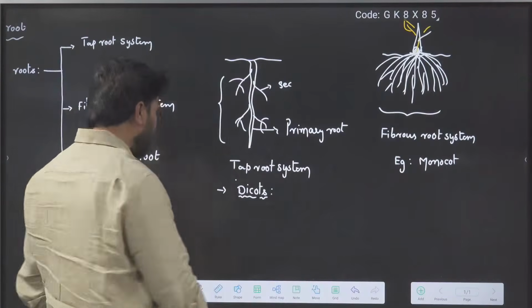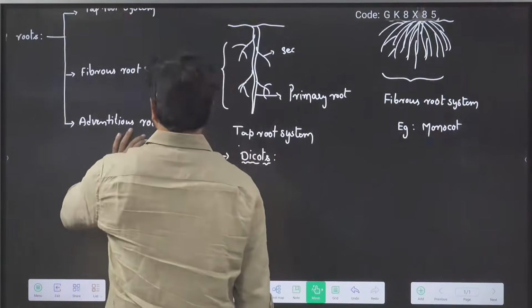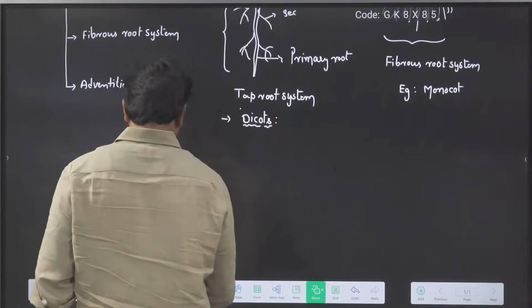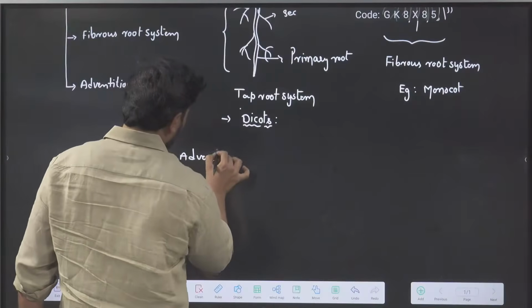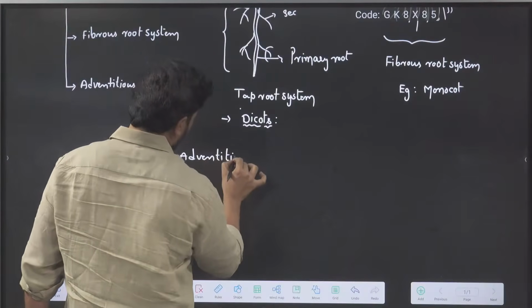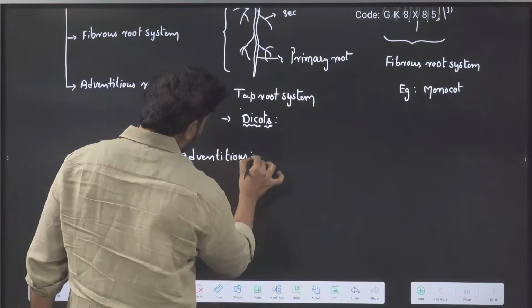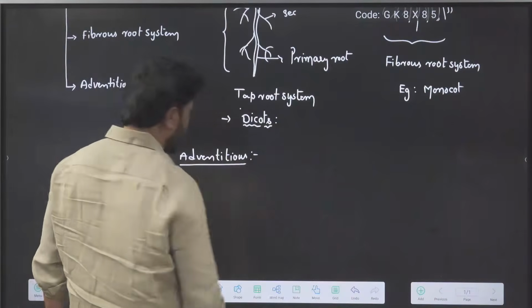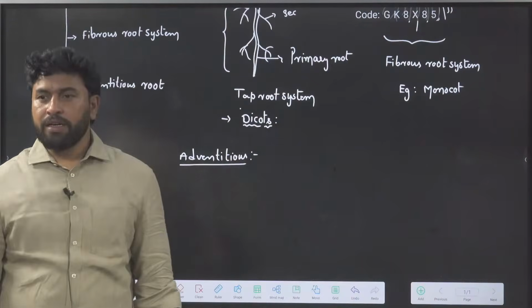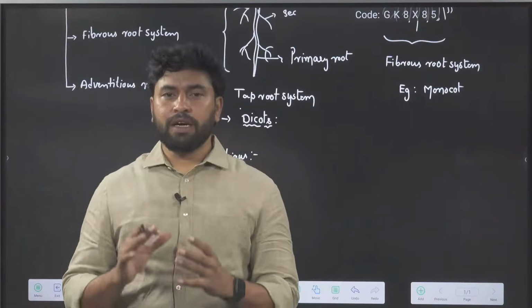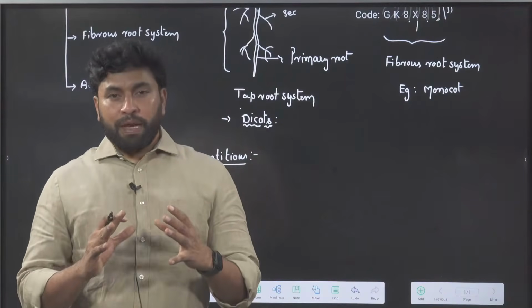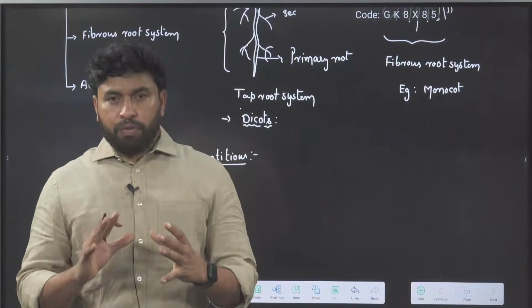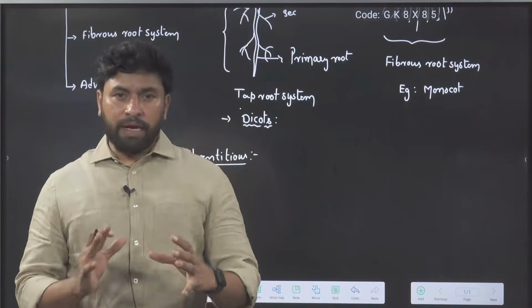There is another category of roots, adventitious roots. Wherever you come across adventitious, remember adventitious means unplanned. Generally, the plant plans to produce root from the radical.